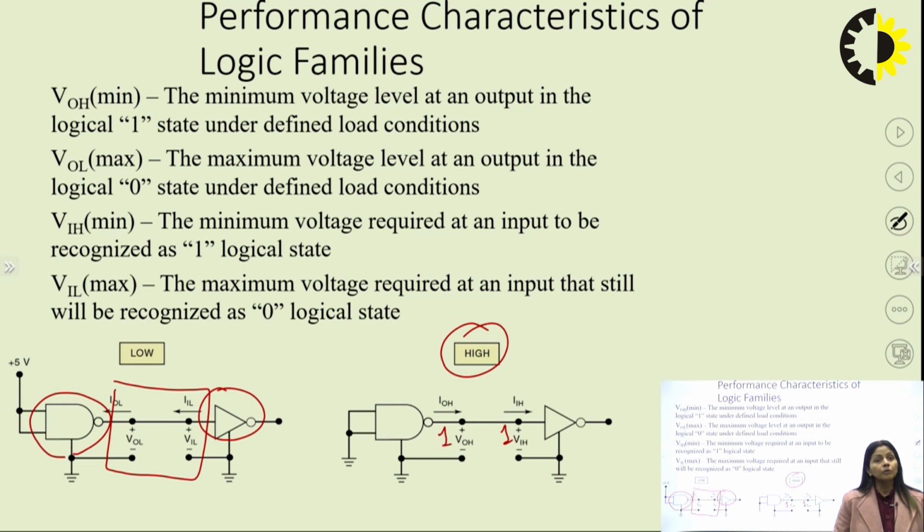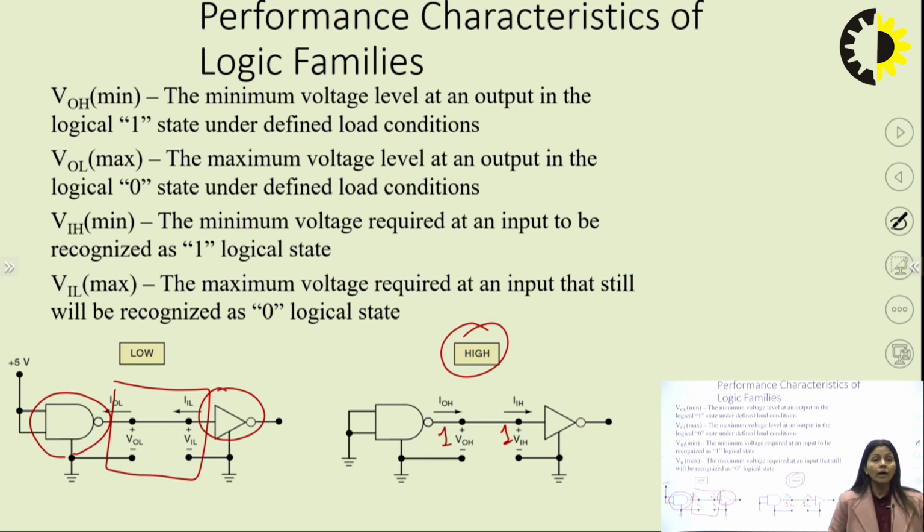Because the output is high, that output or input voltage should contain the minimum threshold that the next gate can recognize, right. So this is how we define the input and output of high state minimum, right.